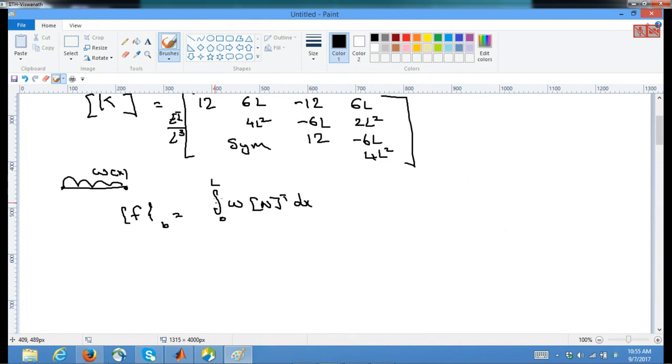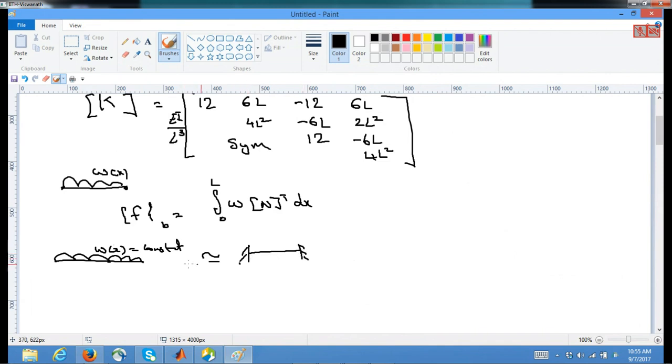This is one thing we have studied, and similarly we showed that for the uniformly distributed load, when W of X is equal to constant, then we got the consistent load.